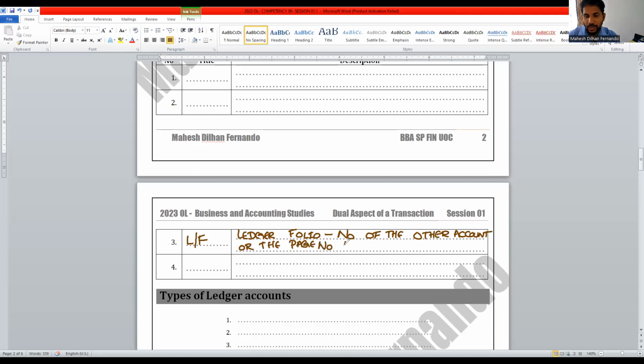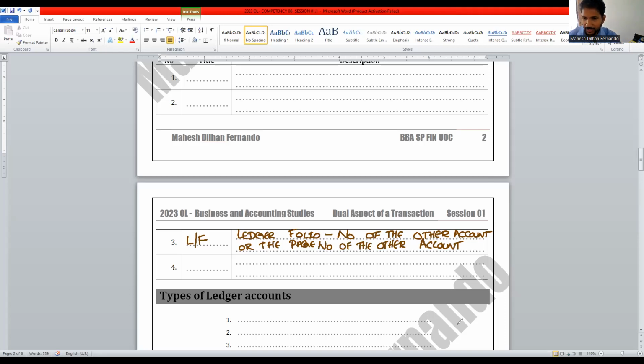Page number of the other account. Ledger folio. Got it? Great.